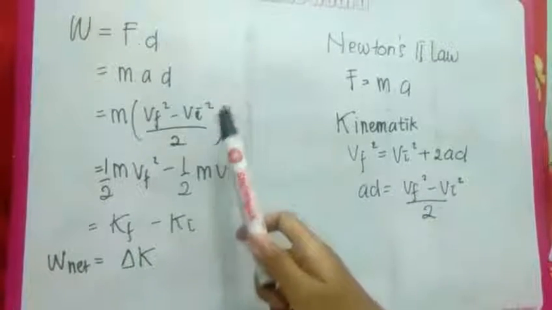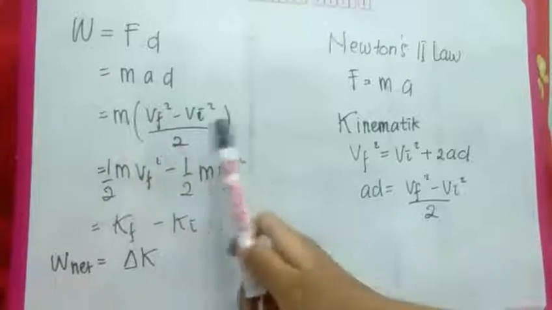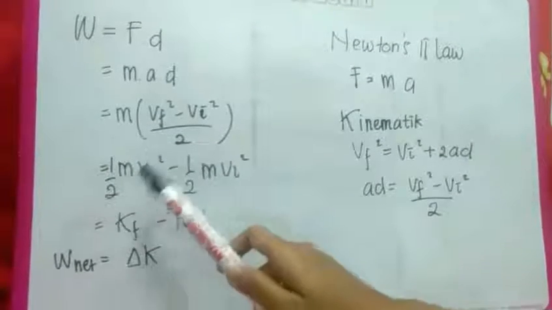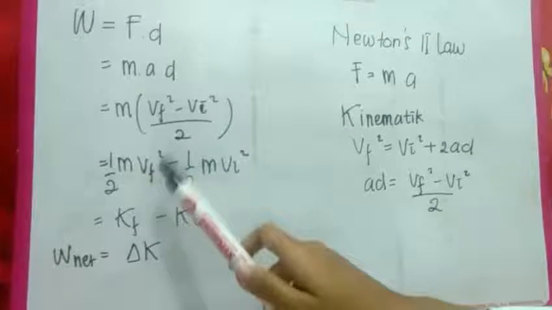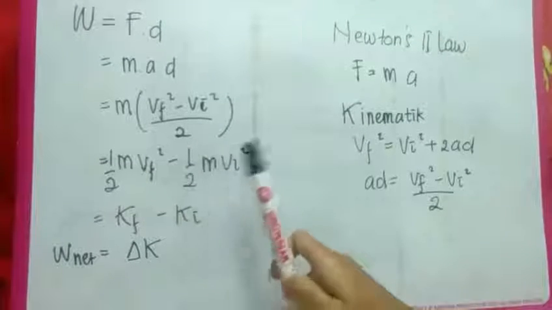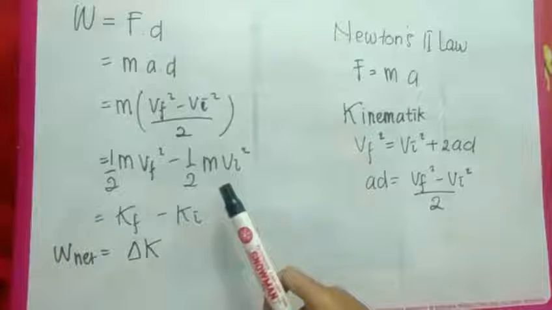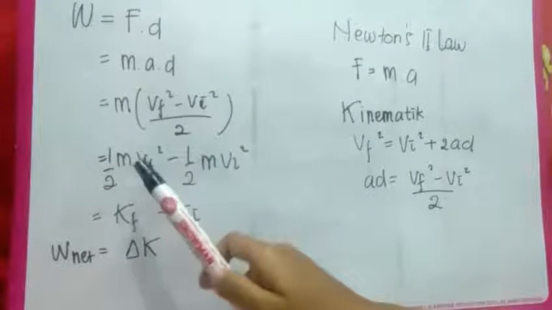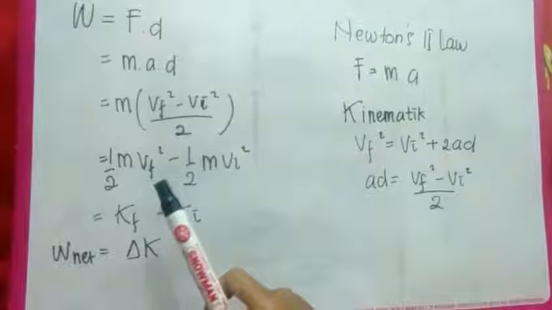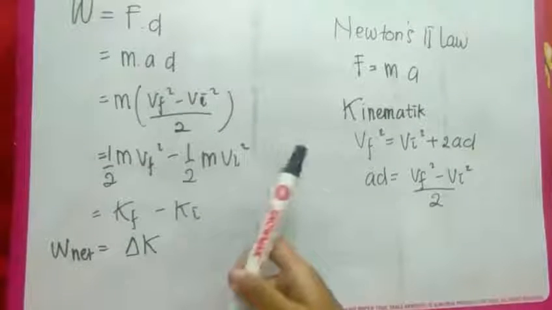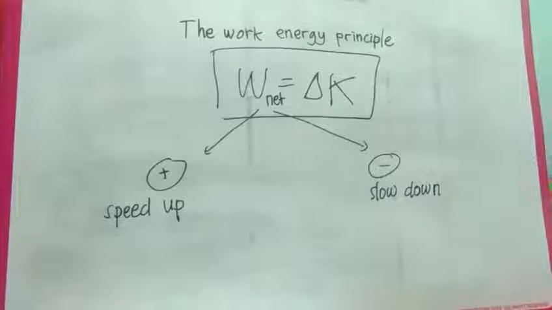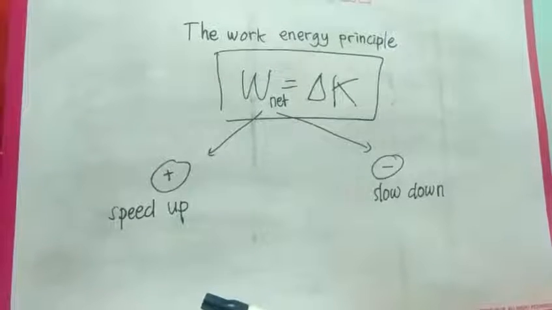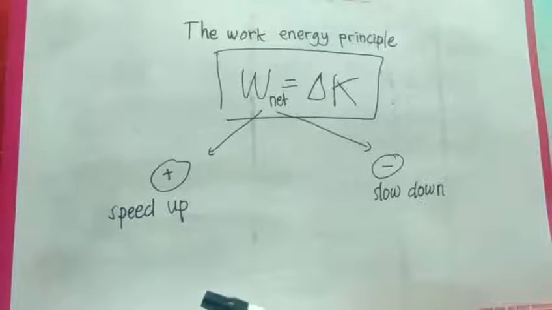If we multiply the terms of this expression, we get that W equals half m final velocity squared minus half m initial velocity squared. This quantity, 1/2 m v squared, is what we call the kinetic energy. So, the change in kinetic energy of an object is equal to the net work done on the object.